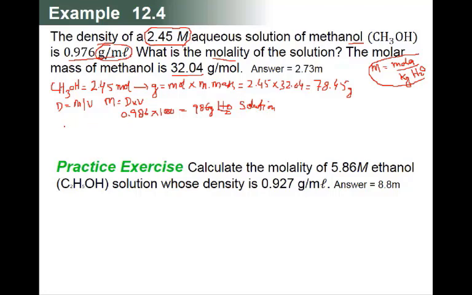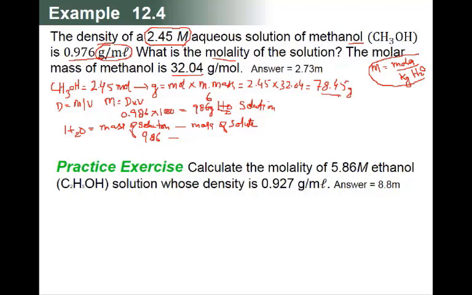So gram of water is equal to mass of the solution, that we calculated, minus mass of solute. So mass of solution, 986. Let me write this 6 clear. So 986, this is the total mass of solution, minus mass of solute.